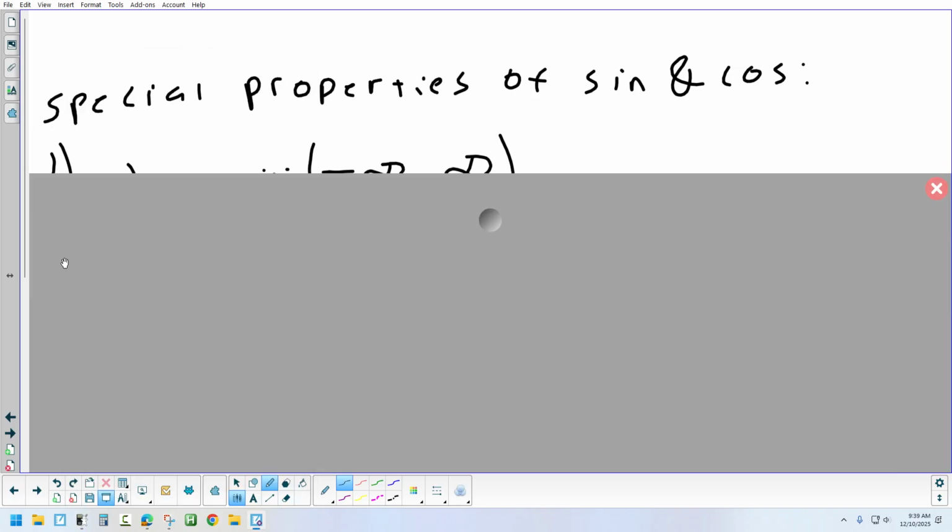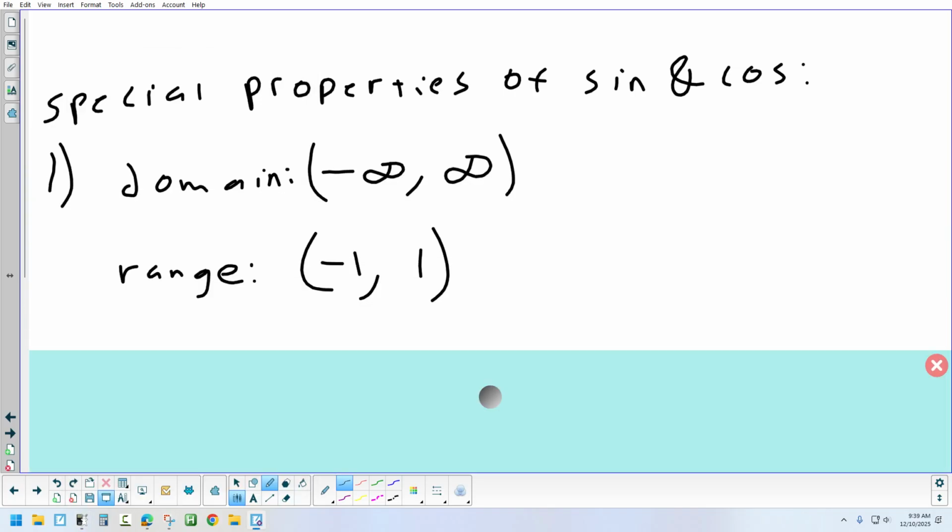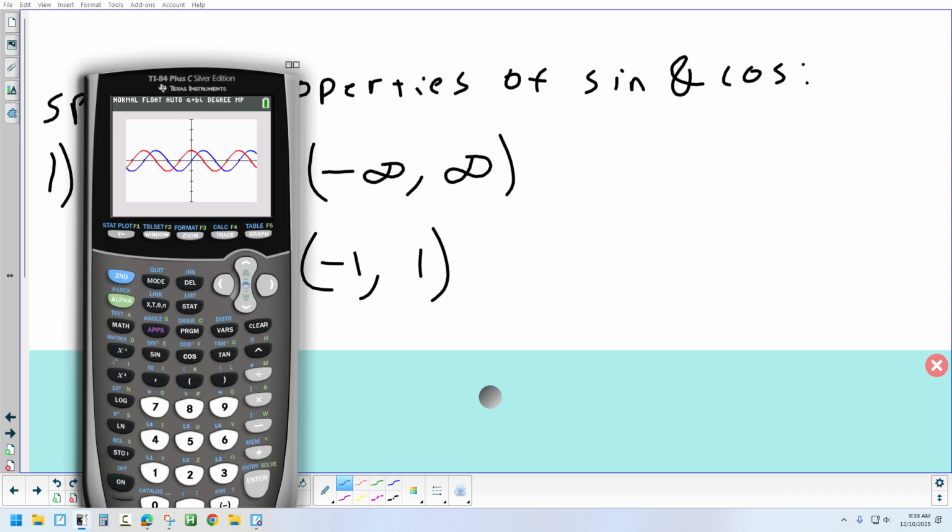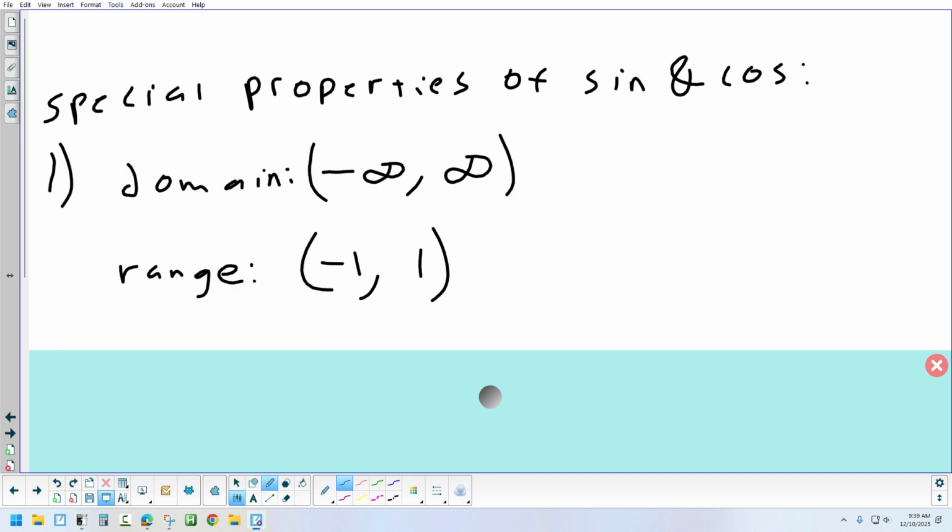So when we're talking about sine and cosine, the domain is all real numbers, and the range is -1 to 1. None of the other trig functions have properties like that. Sine and cosine are very different than the other ones. Sine and cosine are also continuous. You never have to lift your pencil when you draw it from beginning to end.